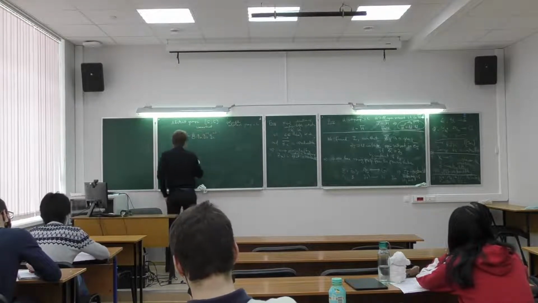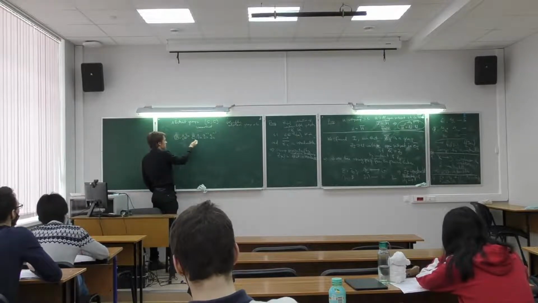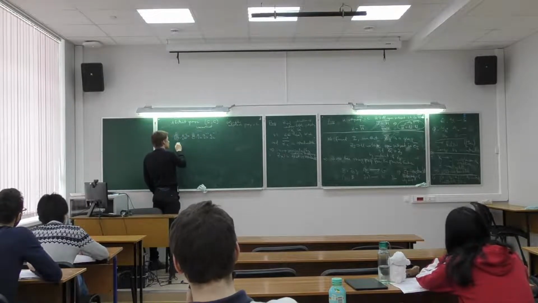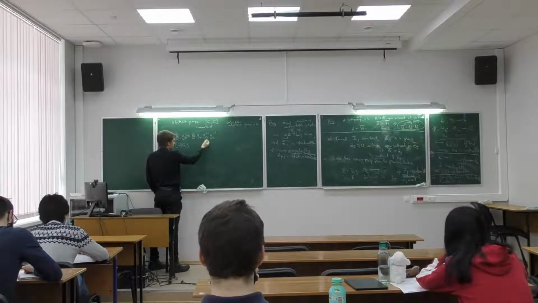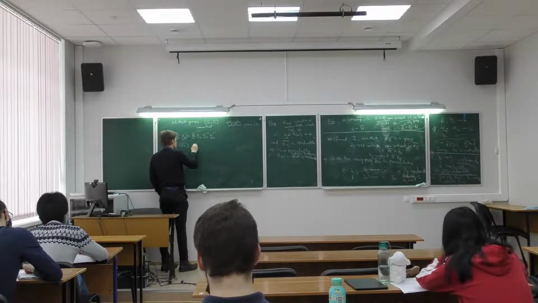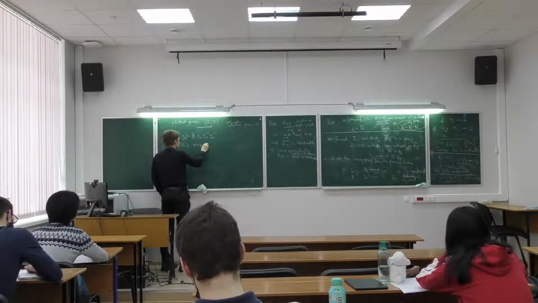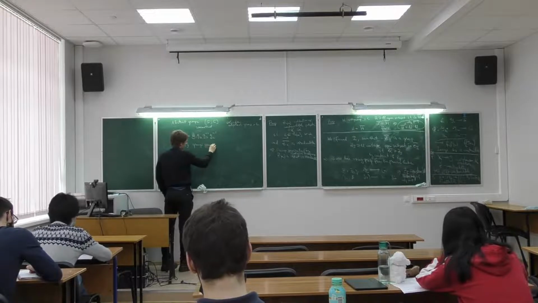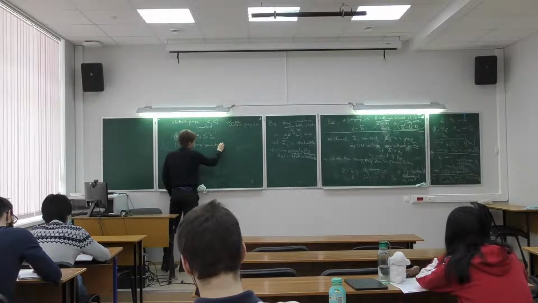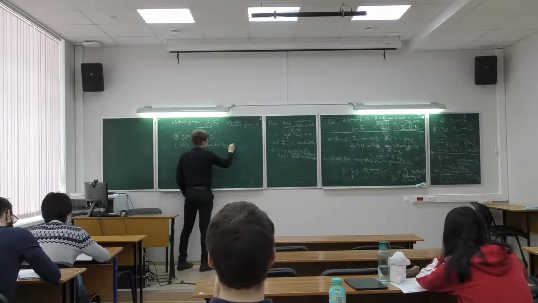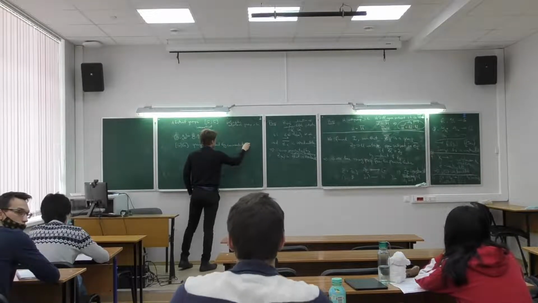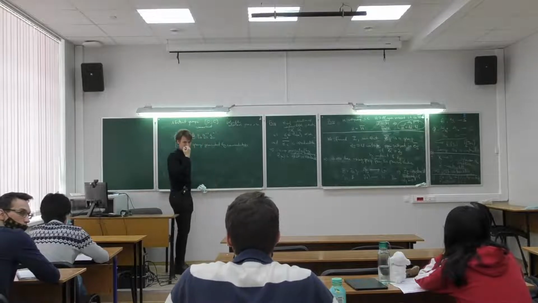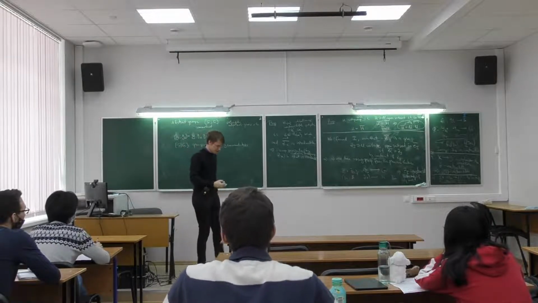So the problem is that this subset doesn't form a group. So the commutant is just the minimal group generated by the commutators, the group generated by commutators. So we will use this proposition to prove that it will be a group.